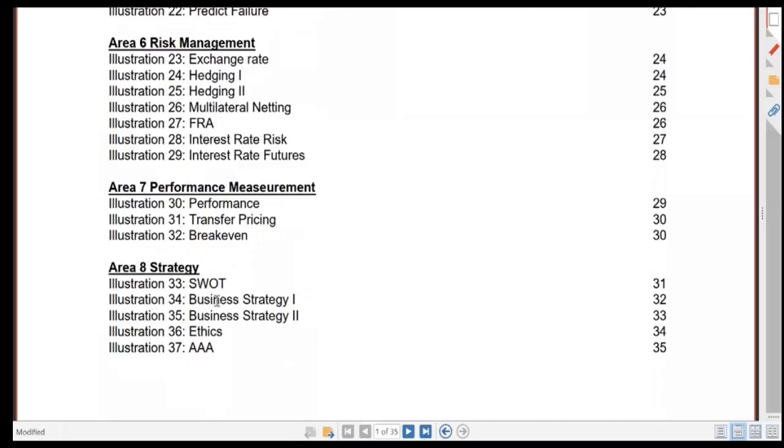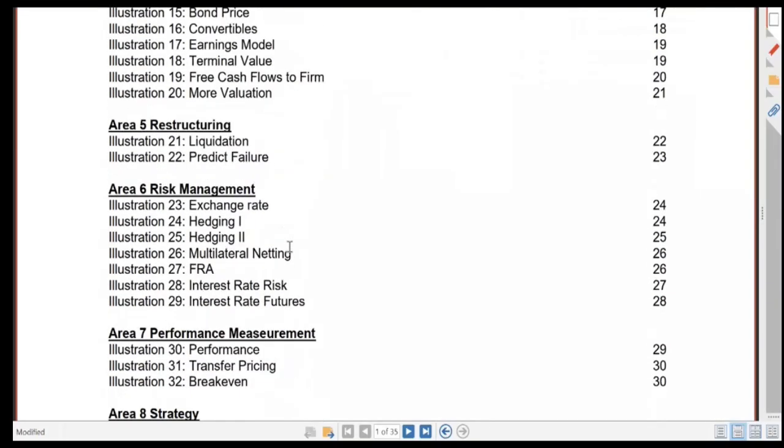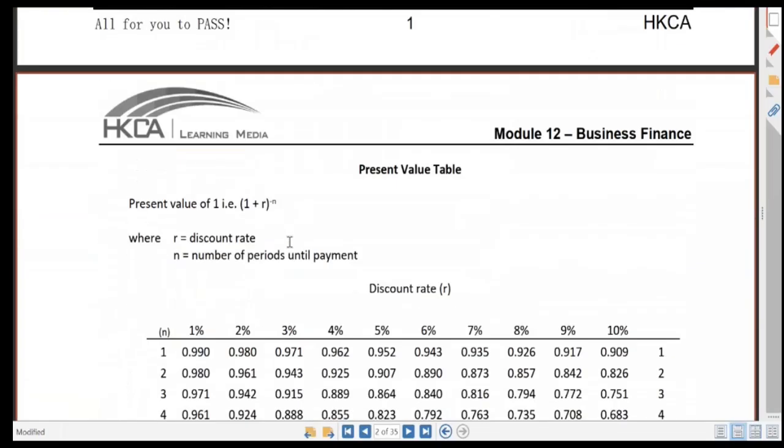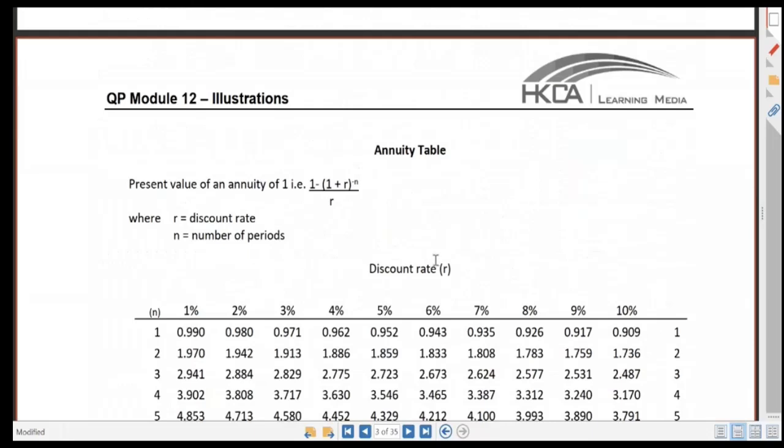And then 8, it is strategy. So illustration 1, of course, will be on the investment. Plus also, I have given you here the 2 tables for calculating the present value. So the present value table and also the annuity table. So these 2 tables are attached with the illustrations.